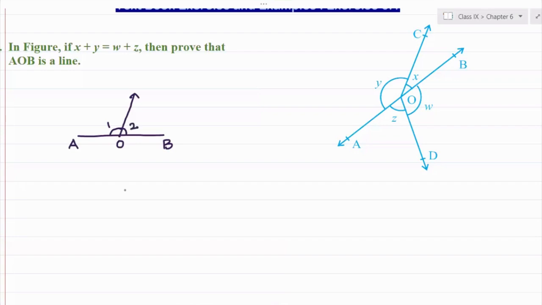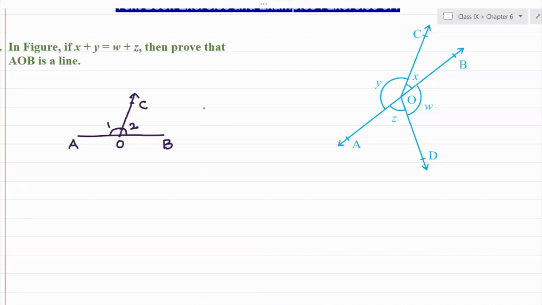In the linear pair we say that if AOB is a line, angle 1 and angle 2 have the common arm OC, but OA and OB are the non-common arms. If the non-common arms form a line, then angle 1 plus angle 2 will be equal to 180 degrees. In the contrary, if the sum of angle 1 plus angle 2 is equal to 180 degrees, then AOB is a line.